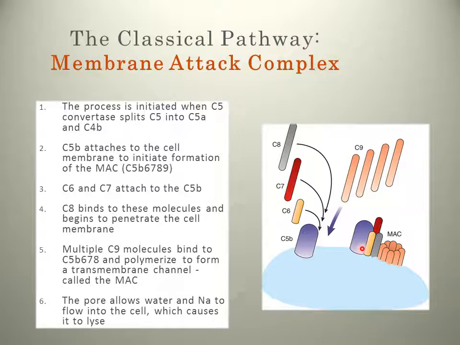So 6, 7, and 8 come in here and they attach. And then the last scene is that multiple molecules of C9 form, and they stack together, so they form the cylindrical structure, and the middle of the structure will become a hole. So what we've effectively done is poked a hole in the cell membrane.